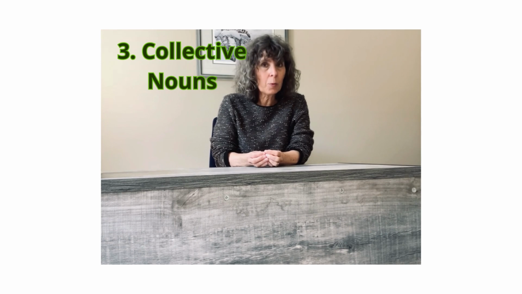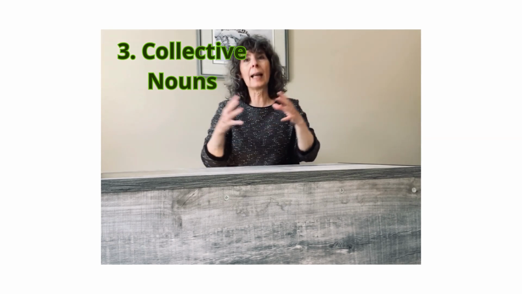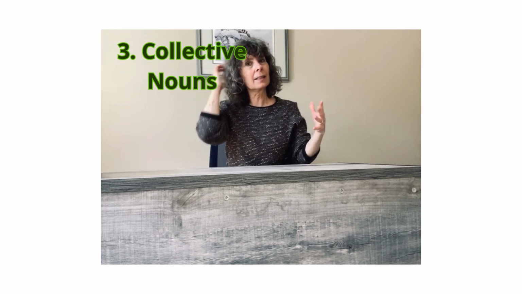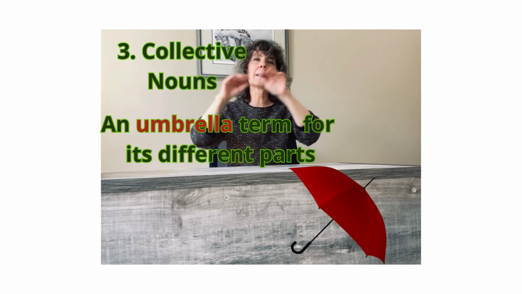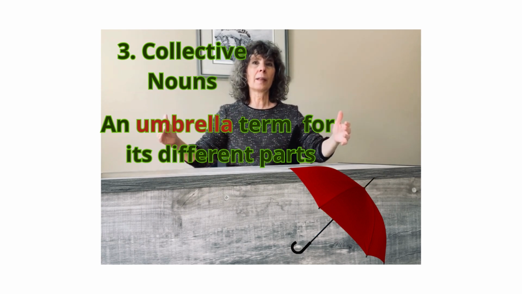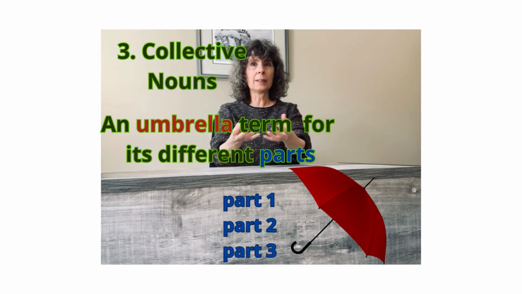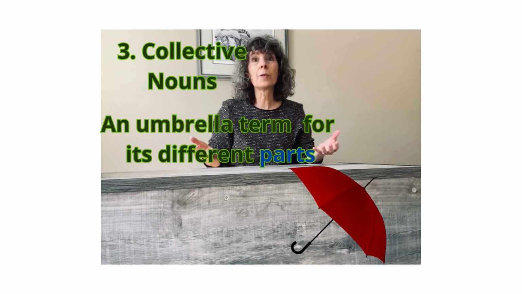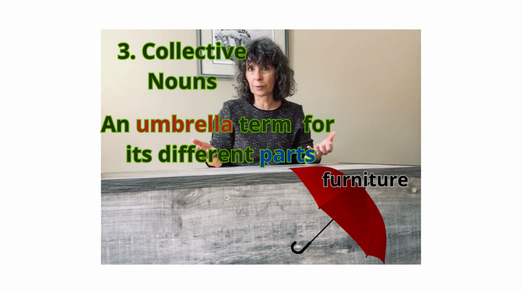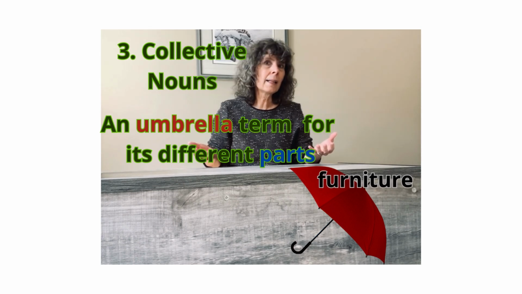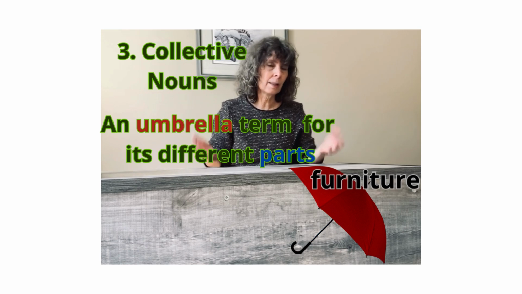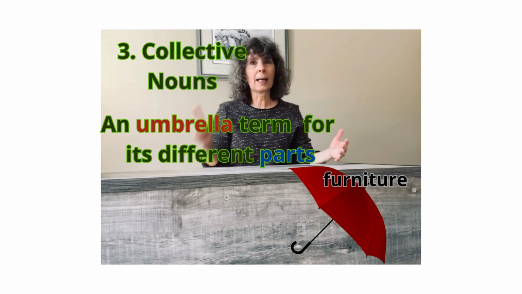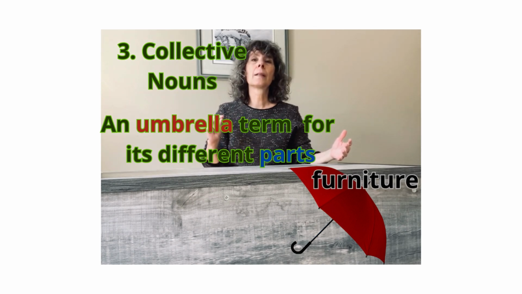Now the last one is when we have a collective noun or a mass noun. And a collective noun is like, I think of it as an umbrella term, within which you have all the different parts. So if I were to refer to furniture, that is a collective noun. So furniture is a collective noun and it's uncountable.